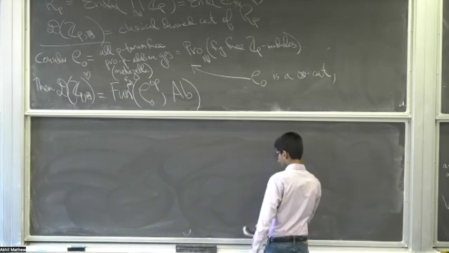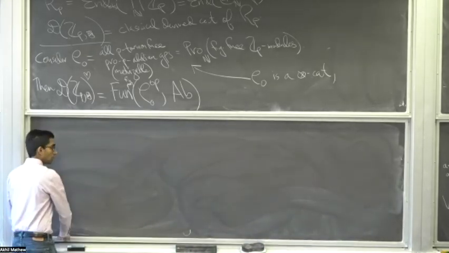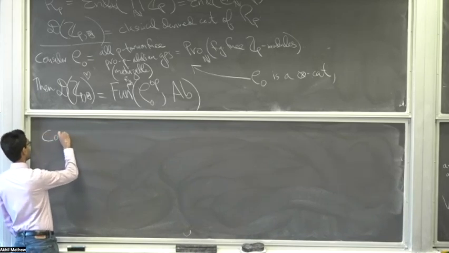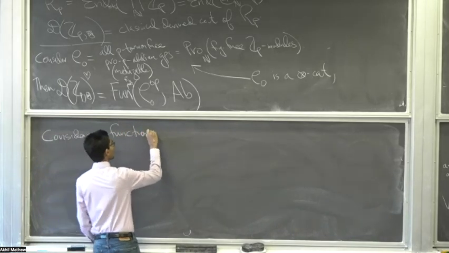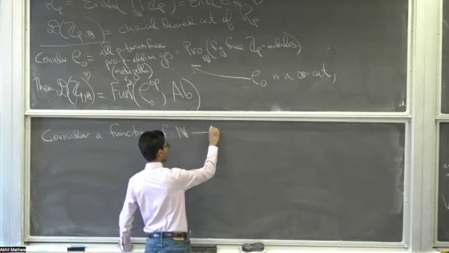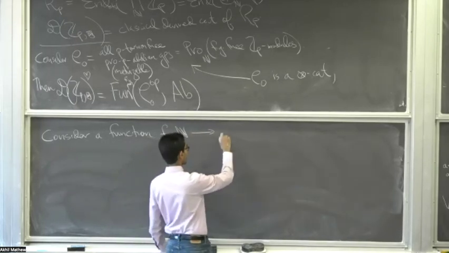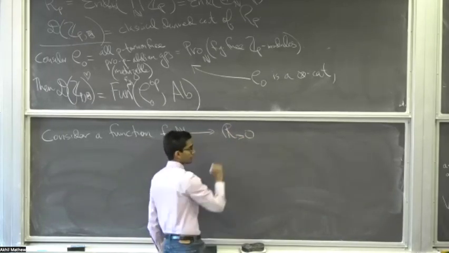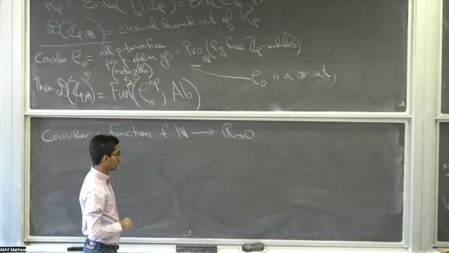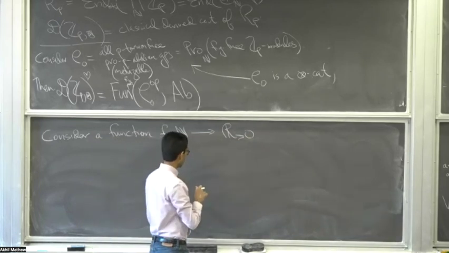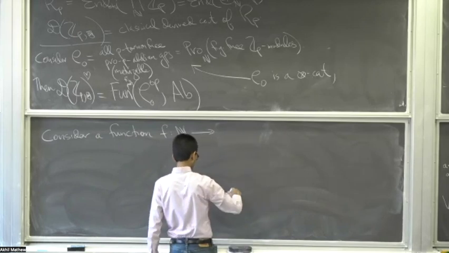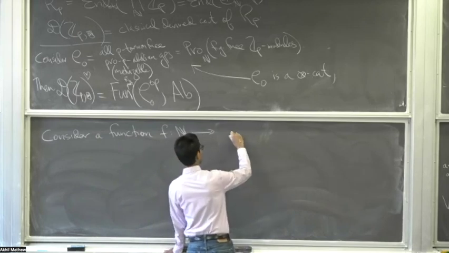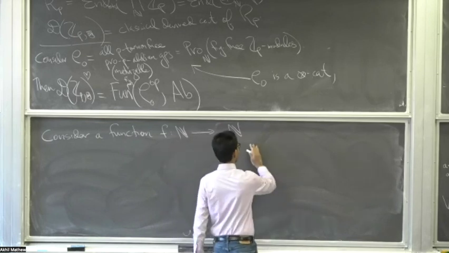So consider a function f from the natural numbers to the natural numbers that tends to infinity.